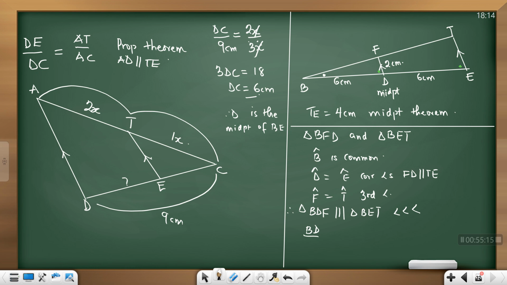BD over BE equals to what? DF over what? ET, which is equal to BF over BT. What are we looking for? We are looking for what? TE, the middle one.